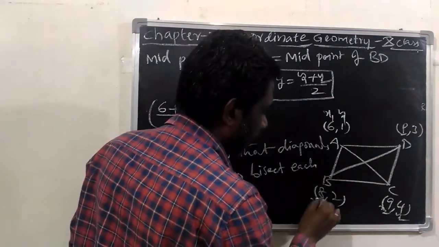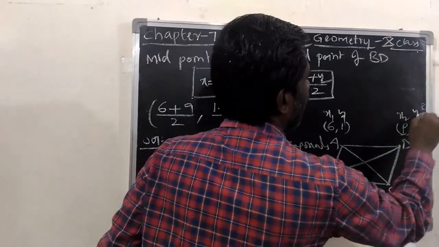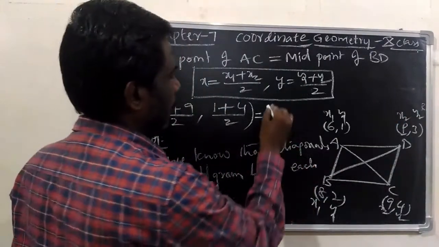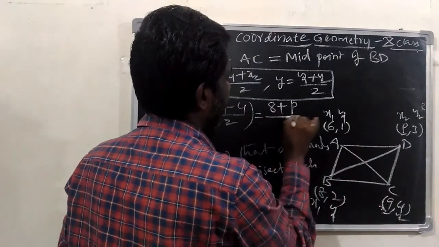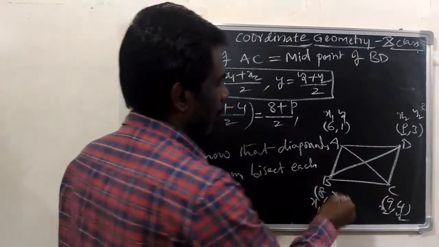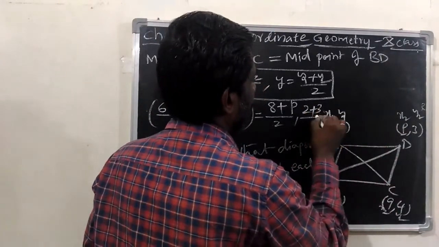In BD, let this be (x1, y1) and (x2, y2): x1 is 8 plus x2 is p, by 2, and y1 is 2 plus y2 is 3, by 2.